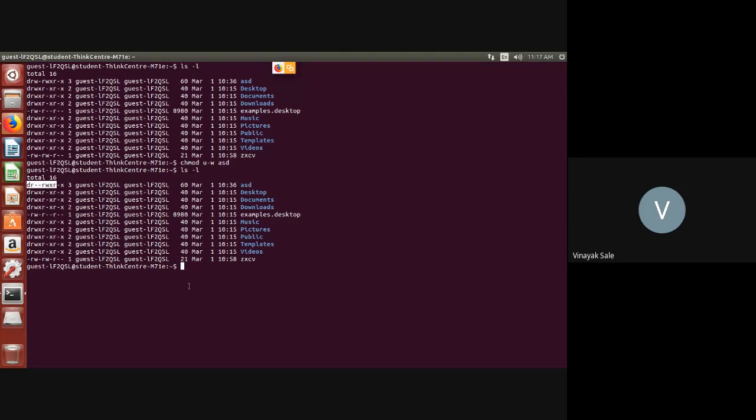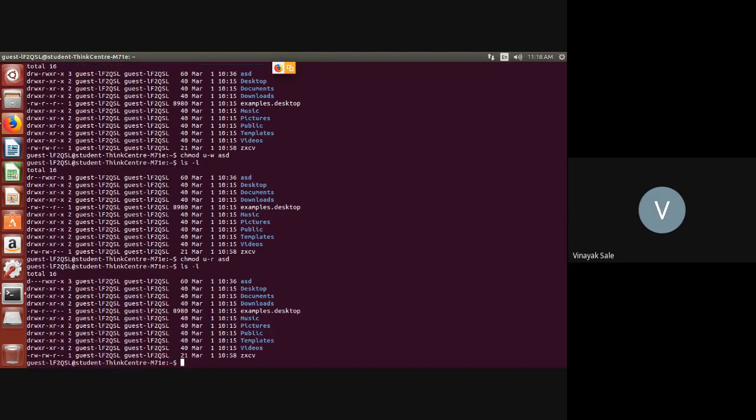Suppose you want to remove read again, then chmod u minus r of ASD, then ls minus l.